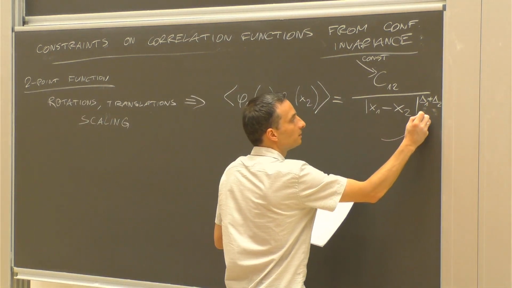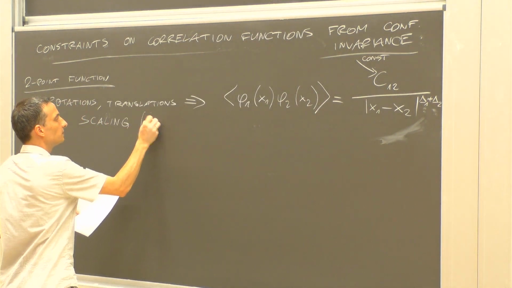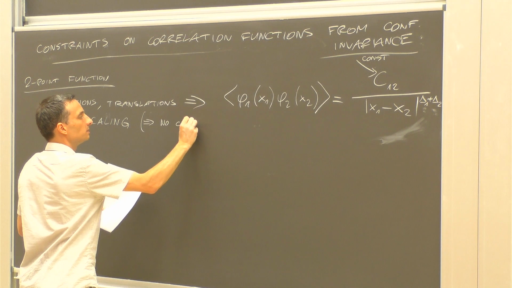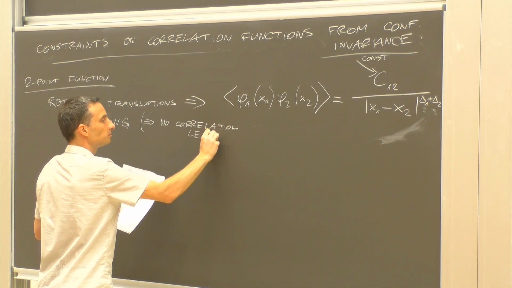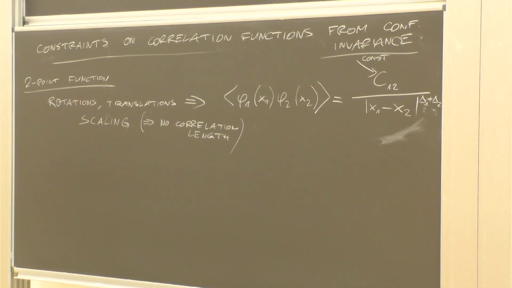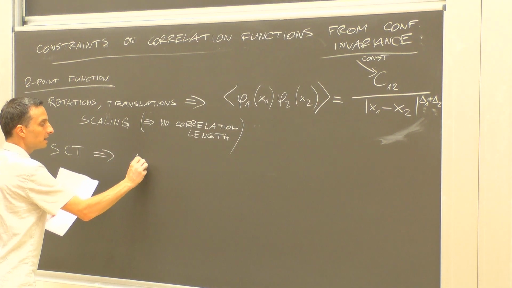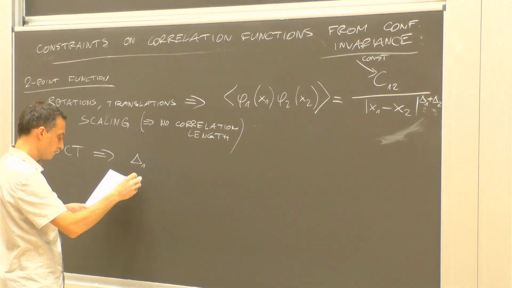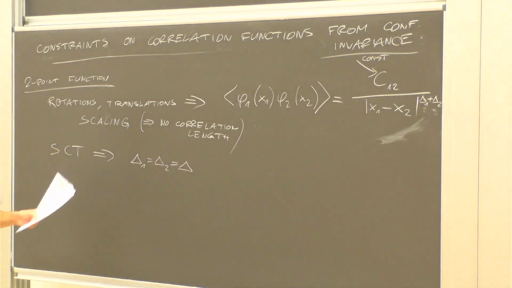In particular, let me stress here that scaling implies there should be no correlation then. This statement is quite simple. A bit harder, but also interesting, is the statement that special conformal transformations imply that to have non-trivial amplitudes, these dimensions should be equal.